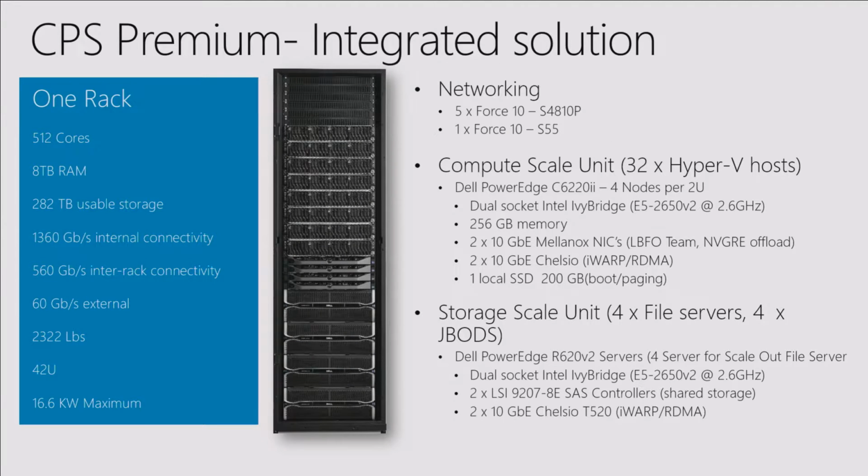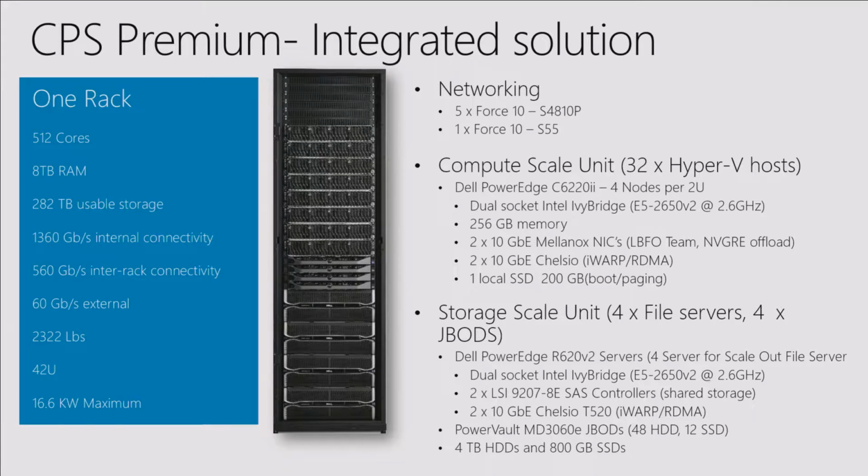Now let's drill into CPS Premium. CPS Premium is an all-Microsoft solution stack built on Dell hardware. The scale of CPS Premium is from one rack up to 4 racks. Each rack comes with 32 physical nodes, 4 file server nodes, and 4 JBODs.